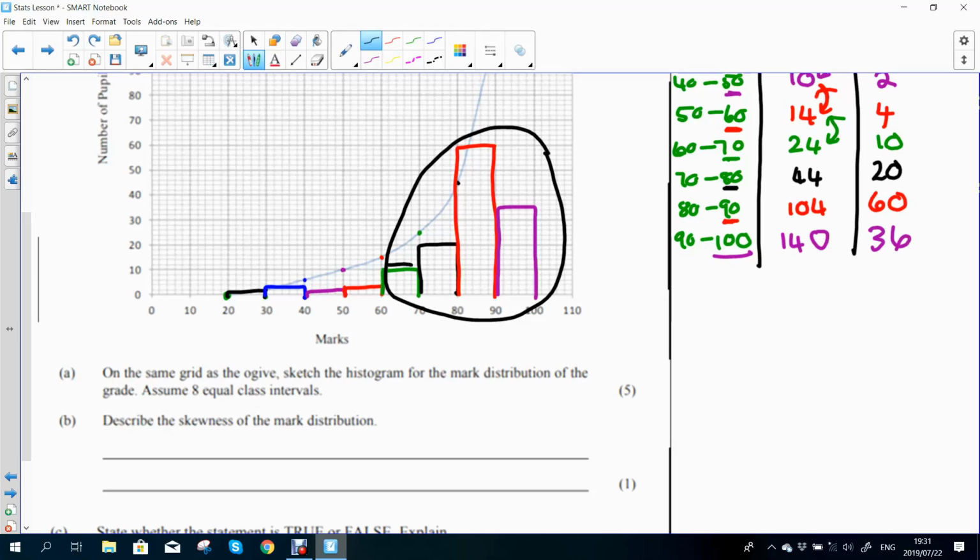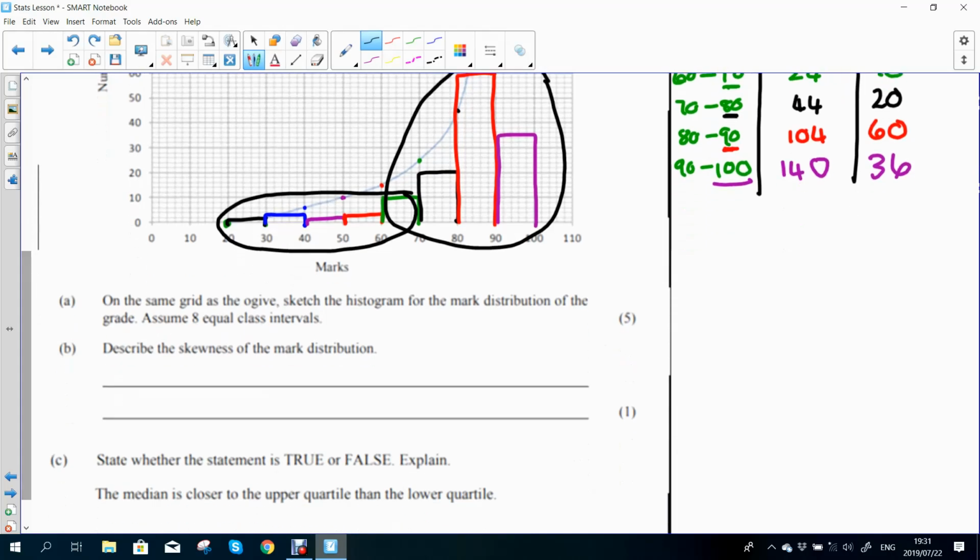But then, unfortunately, you have this tail. So there's a few people that are pulling your values to the left. So that's why we say the data is negatively skewed. Negatively skewed, meaning skewed to the left.